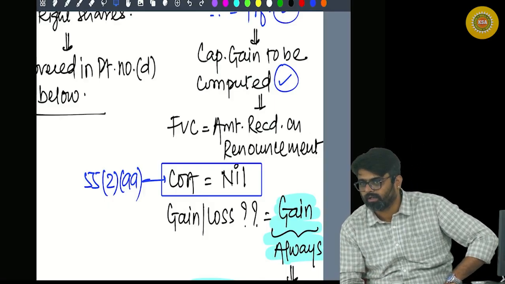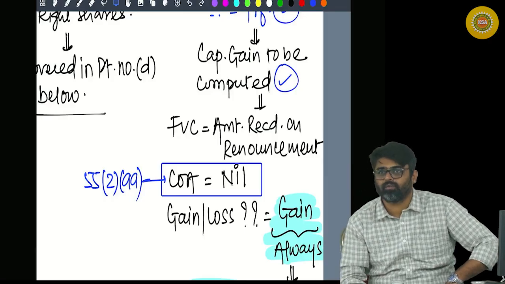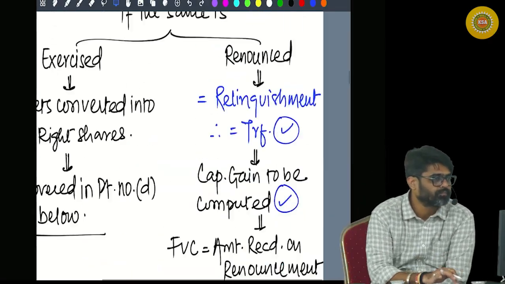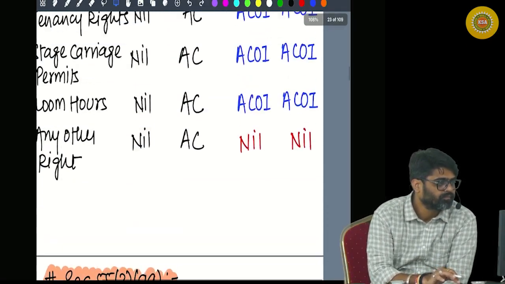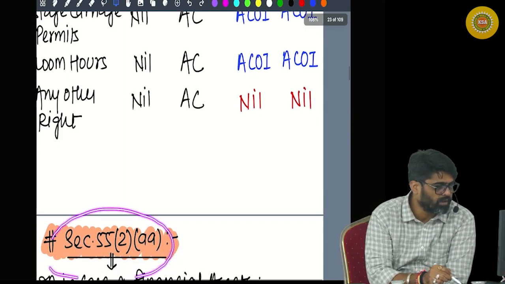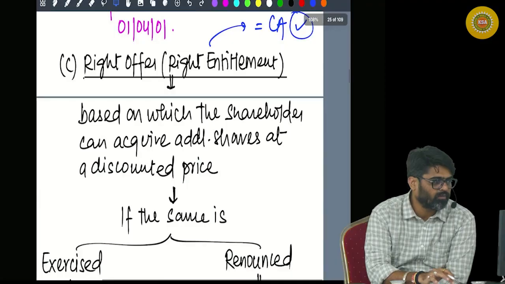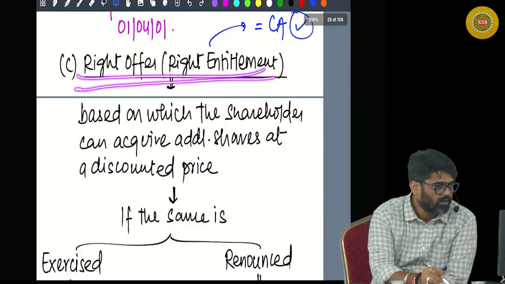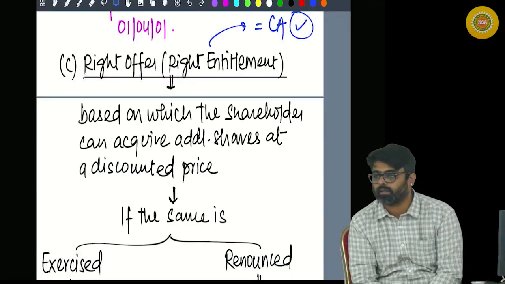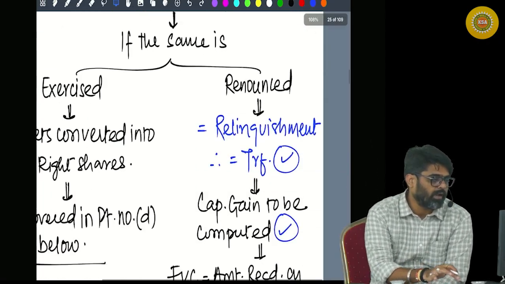What should be the cost of acquisition? Section 55(2)(aa) says that whenever capital gain is calculated for renouncement of a right, the cost of acquisition will be nil.